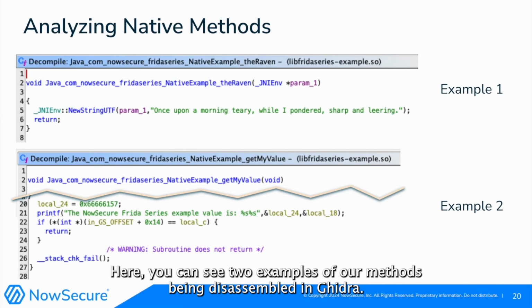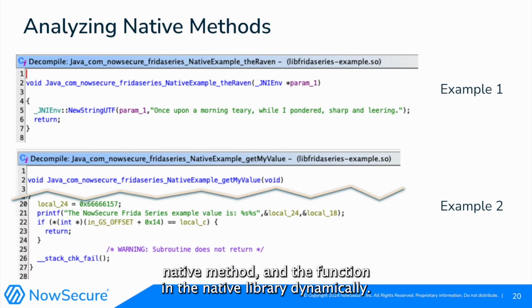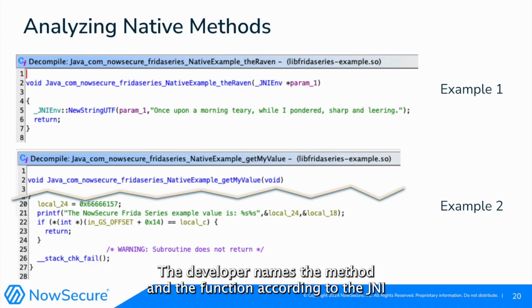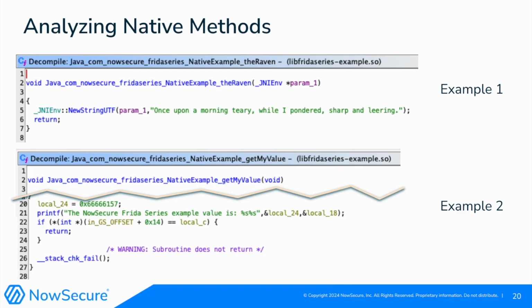Here, you can see two examples of our methods being disassembled in Ghidra. In order to link or pair the Java declared native method and the function in the native library dynamically, the developer names the method and the function according to the JNI specs, such that the system can perform this dynamic linking.